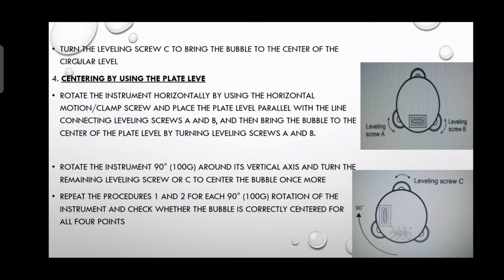Next, rotate the instrument 90 degrees around its vertical axis and turn the remaining leveling screw C to center the bubble once more. Repeat the procedure 1 and 2 for each 90 degree rotation of the instrument and check whether the bubble is correctly centered for all points.